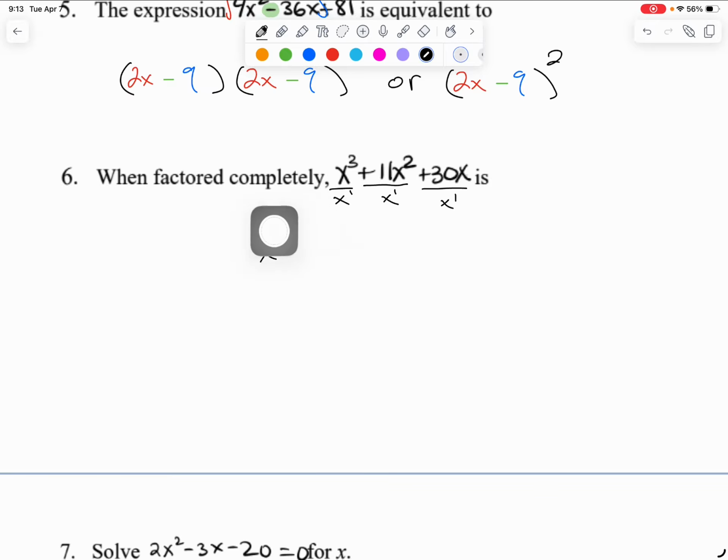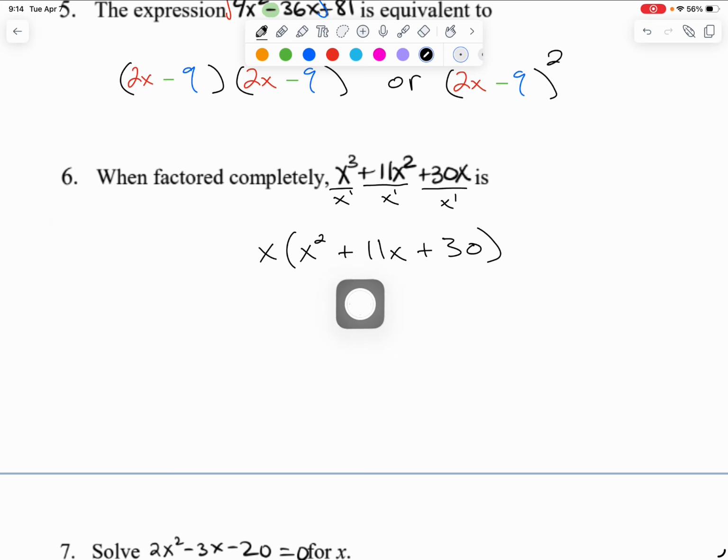So x cubed divided by x to the first leaves us x squared. 11x squared divided by x leaves us 11x. And 30x to the first, or just simply 30x divided by x, leaves us plus 30. We're done with step 1.